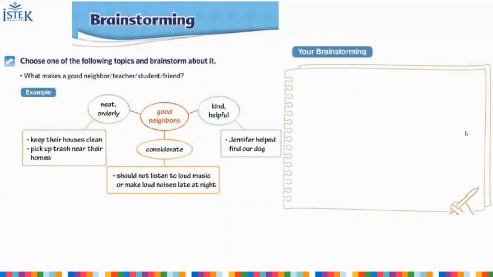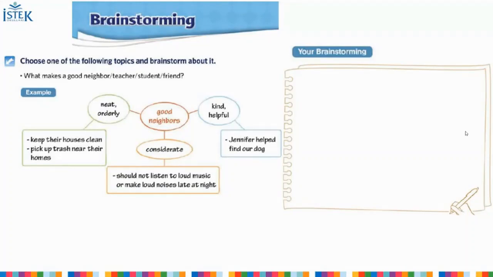As you've done this before, we're going to do brainstorming on this topic. We've got an example here, which is about good neighbors. We've got 3 main points. Here's the first one: neat, orderly, considerate, and the last one, kind and helpful.